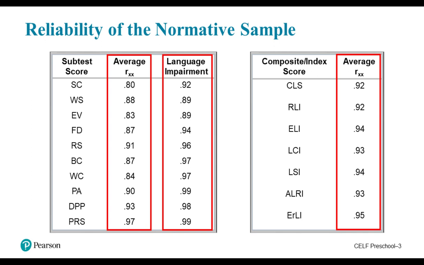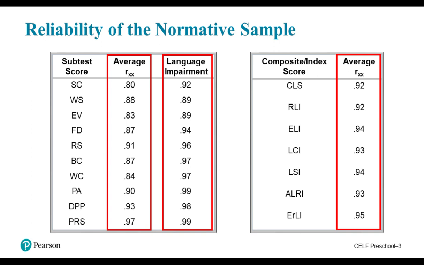For the overall normative sample, the average split-half reliability coefficients of CELF Preschool-3 subtests range from 0.80 for Sentence Comprehension to 0.97 for the Preliteracy Rating Scale. Overall reliabilities for each subtest are good to excellent. The average reliability coefficients are excellent for all composite scores.